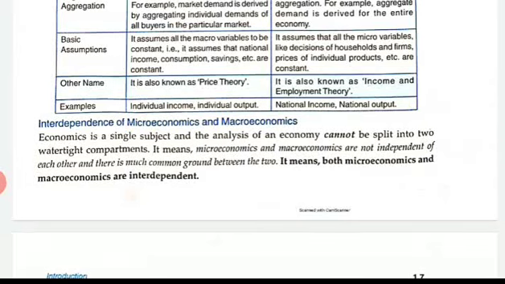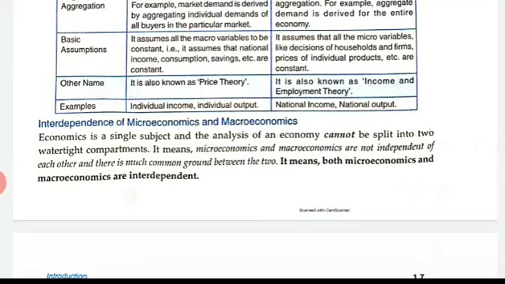Although we have split economics into two branches, we must remember that economics is one whole subject and it cannot be split up into two things. Micro and macroeconomics are very much interdependent.